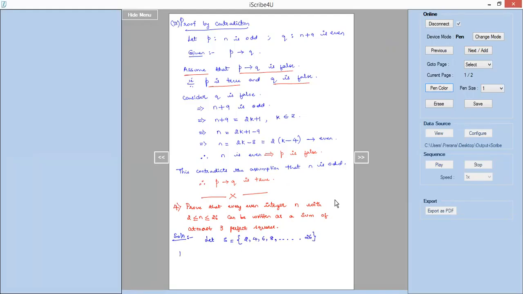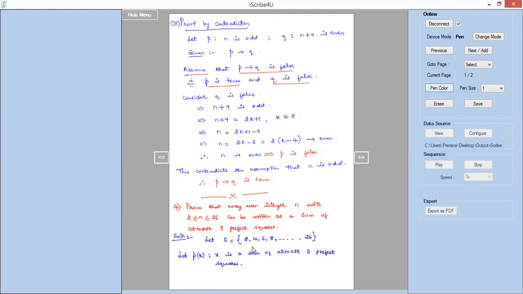And let us assume P of x is such that x is a sum of at most 3 perfect squares. So this is our statement P of x. We have to prove the statement is true for every element from the universe S.